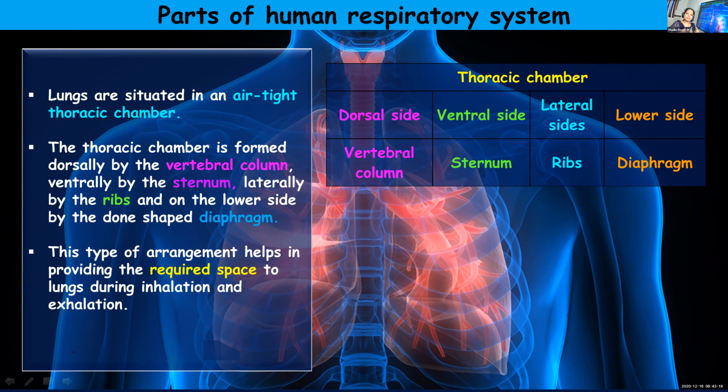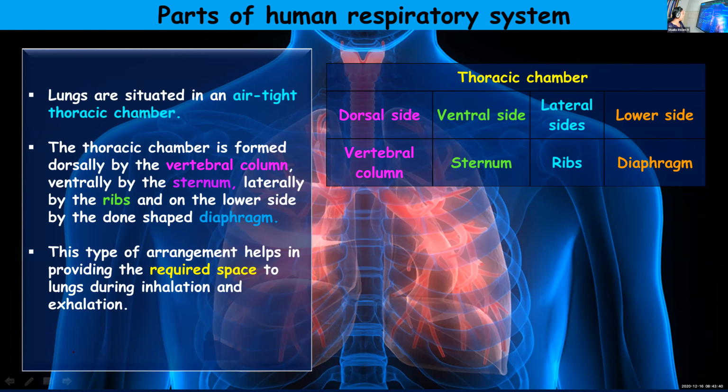Because these are structures present in your body, you can make out how this thoracic cavity is bordered on all sides. On the lower side by the diaphragm, laterally by the ribs, dorsally, the back side, by the vertebral column, and on the ventral side by the sternum.